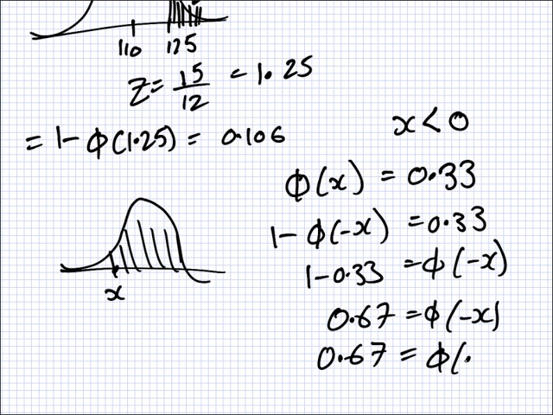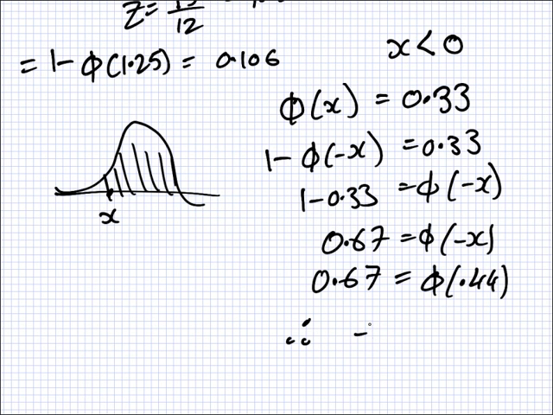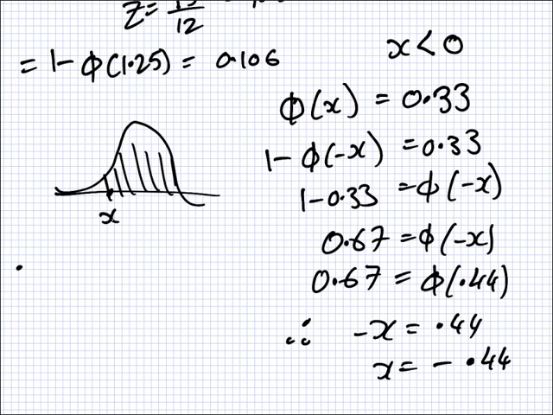0.44. Therefore, minus X equals 0.44, so X equals minus 0.44. I'm sorry, I used X, but it would have made more sense if I used Z. So I'll change all of that to Z. It is different because Z means it's standardized.